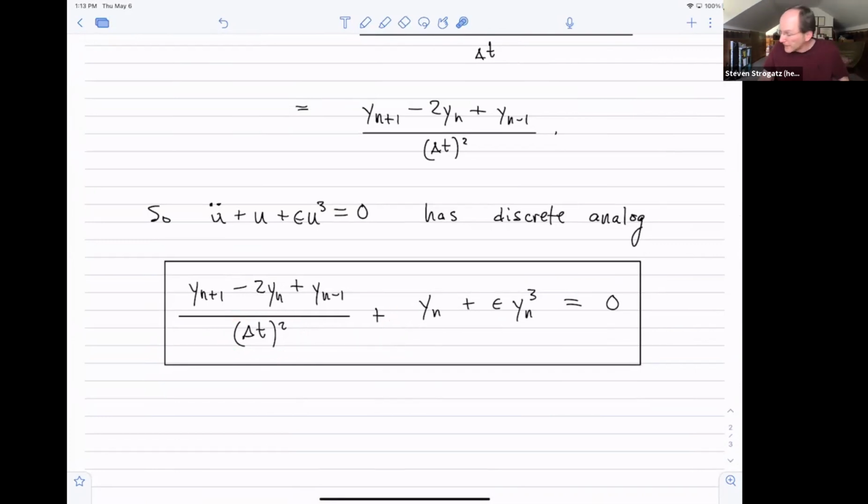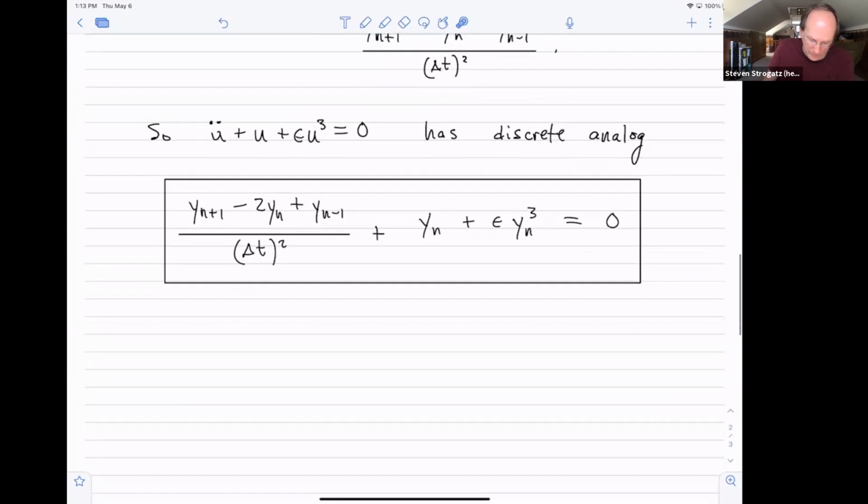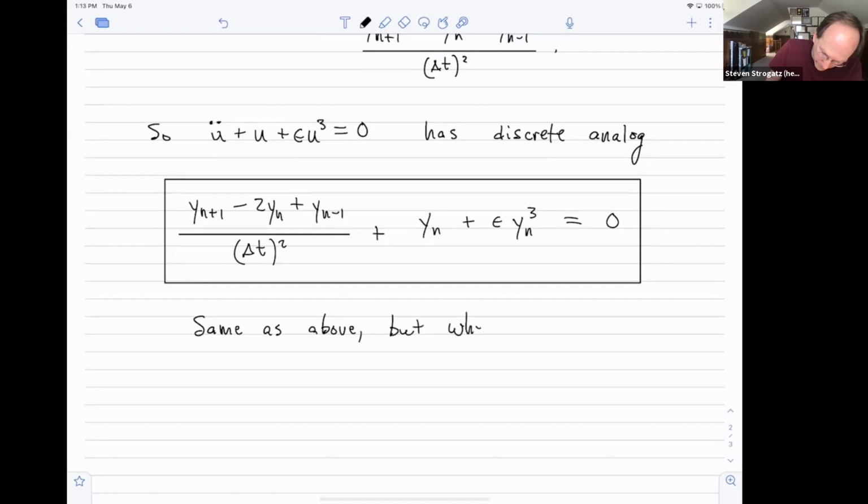So in other words, what I'm saying is my 2 omega squared is delta t squared, where delta t squared is 2 omega squared. So that's the translation.